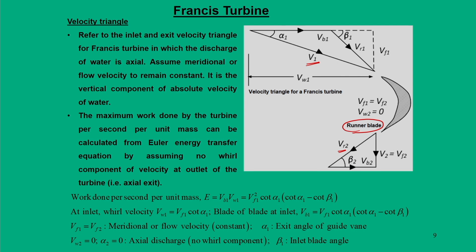The first point is that there are angles. We call these the guide vane angle alpha 1 and the runner blade angle beta 1, and then if you look at this particular velocity triangle, we have two components, Vf1 and Vw1. Vw1 is directed opposite to this, so that we get this velocity V1 in these directions.